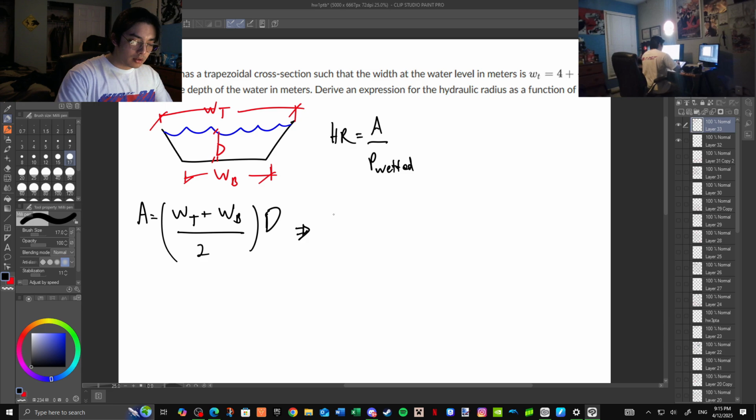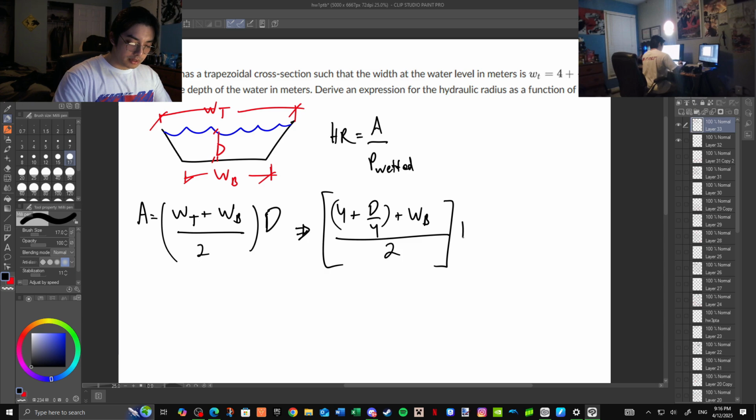In doing that, we get the quantity 4 plus D over 4 plus WB, in parentheses, still over 2, multiplied by D. We can simplify this a little more.